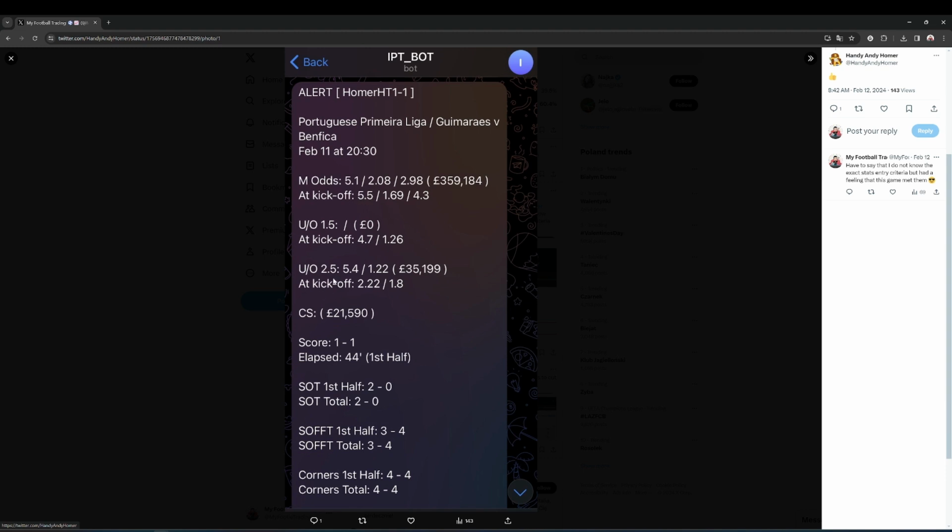But what's important is that, okay, over 2.5 was 1.22, so even below 1.26. But the thing is that you also need some shots on target and some shots off target and some corners, right?